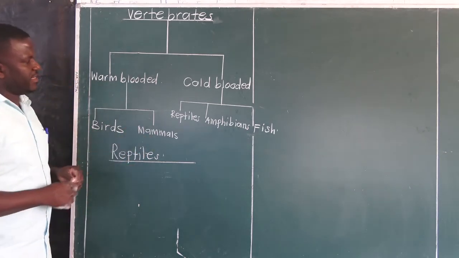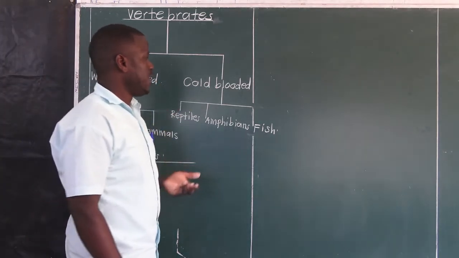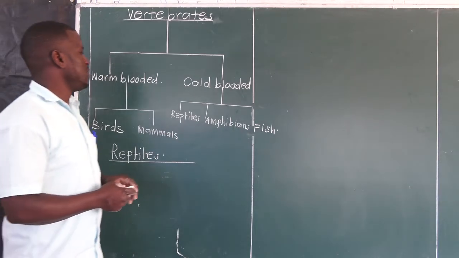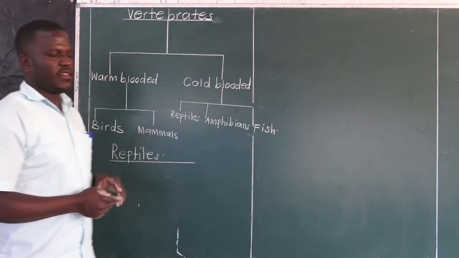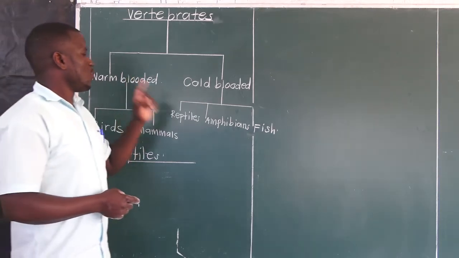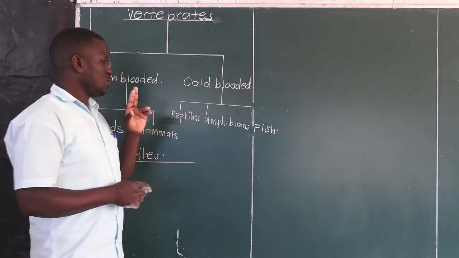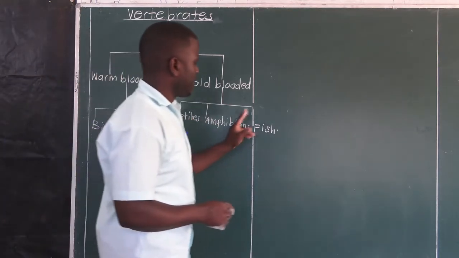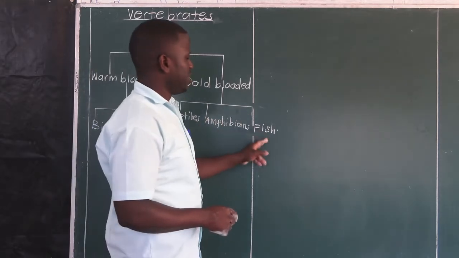Then after that, we also have to look at cold-blooded vertebrates. Cold-blooded vertebrates are animals whose body temperature is not constant. They are divided into three groups: reptiles, amphibians, and fish.